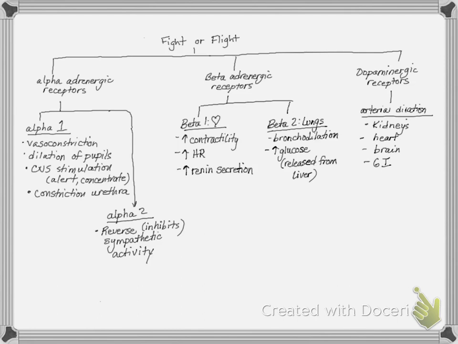Okay? So it helps increase the blood supply to these areas so that we can stay alive while we fight or run. Okay? So there's a little overview of that.